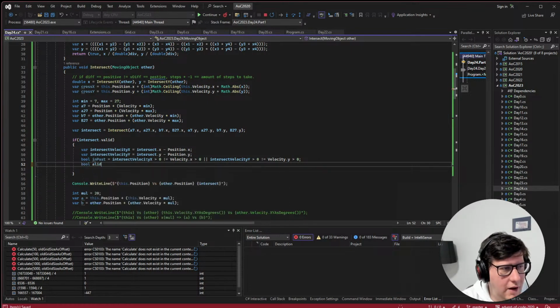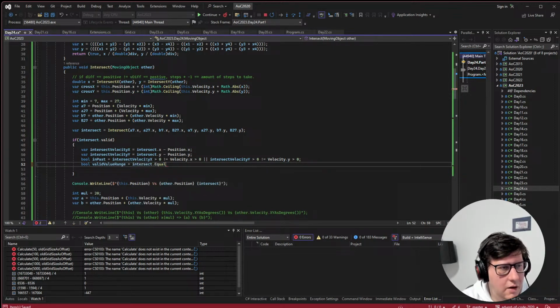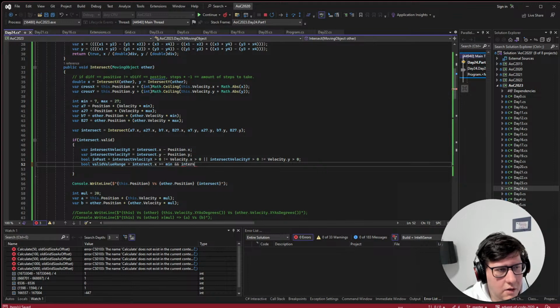Bool valid value range is intersect dot x larger or equal to min and intersect dot y smaller than max.